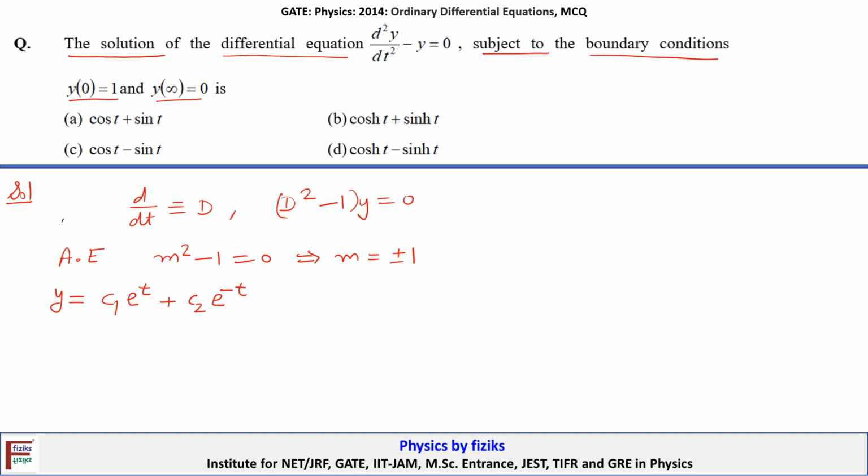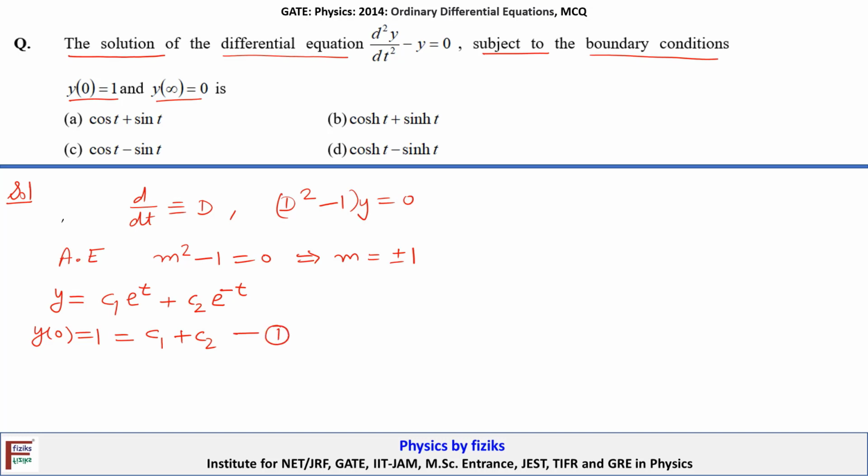Now applying the first boundary condition, that is given as y at 0 is equal to 1, substituting t is equal to 0 in the above solution, we can write 1 is equal to c1 plus c2. This is equation number 1.